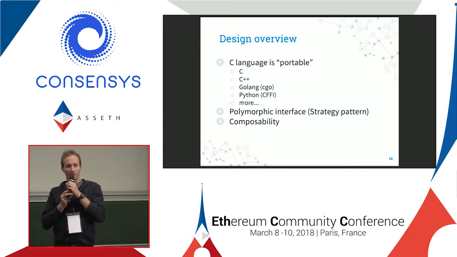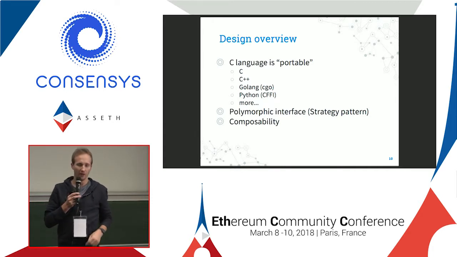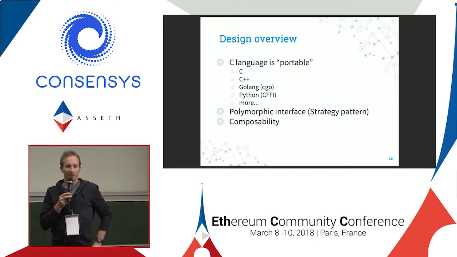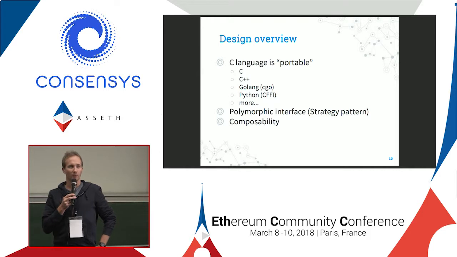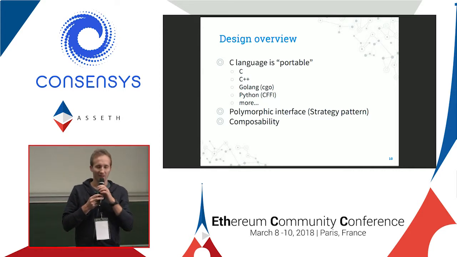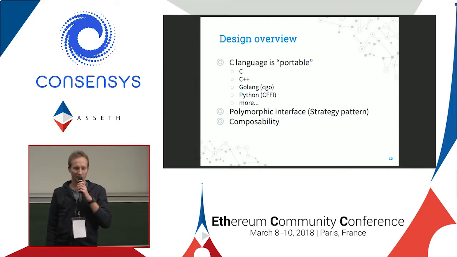The C language was chosen mostly because this very old language is quite easy to integrate into many programming languages. It is some kind of ancient language that new programming languages can still understand, and there exist tools.